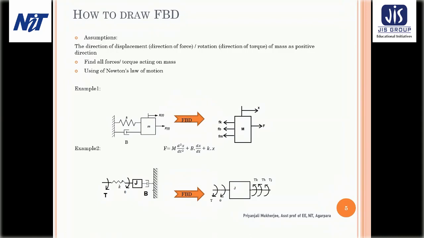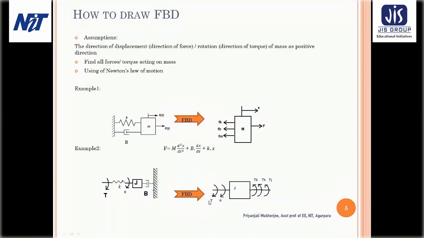Next, consider the second example. Here the moment of inertia is given and torque is applied. Due to that torque, theta is rotating in this direction. In the same manner, the torque due to the moment of inertia, the torque due to the viscous coefficient and the spring will act in the opposite direction, and the summation of these three torques is equal to the total applied torque.